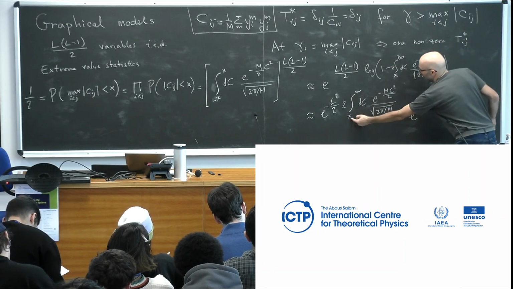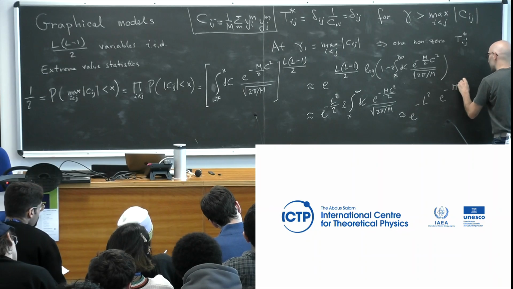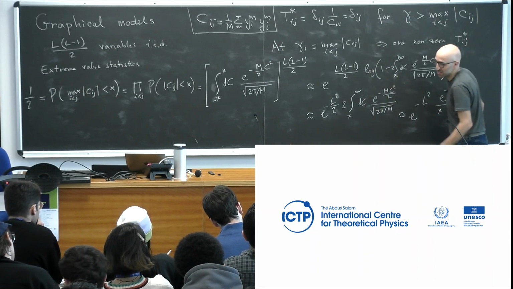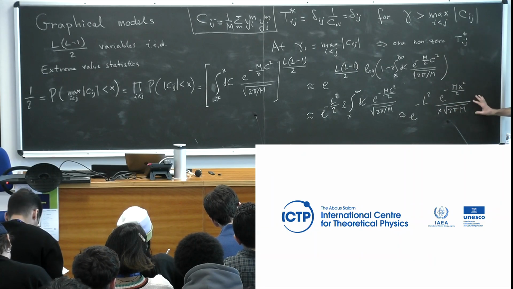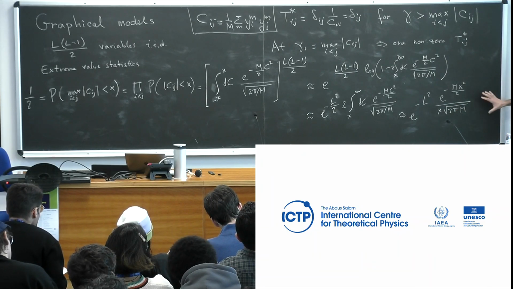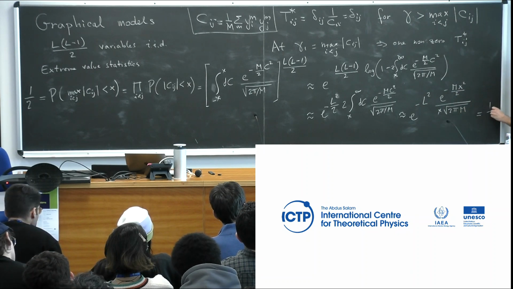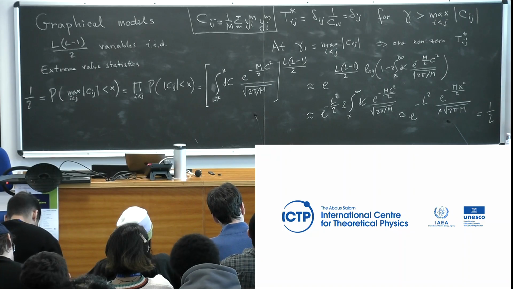This thing, when x is large, goes like e to the minus m x squared over 2, divided by x square root of 2 pi m. Okay? So this should be 1/2. So what is the value of x such that this is 1/2?